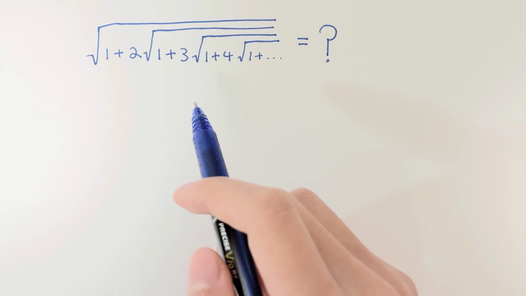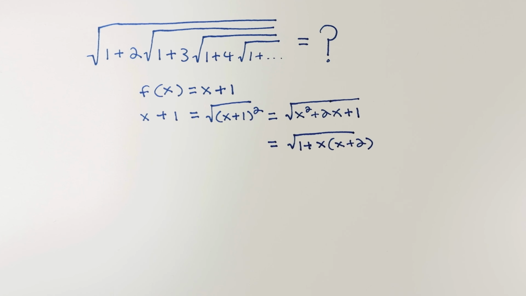Now, let's rewrite x squared plus 2x by factoring out an x. This will give us 1 plus x times (x plus 2). This is our seed. It tells us that any number plus 1 can be written as the root of 1 plus that number times itself plus 2.